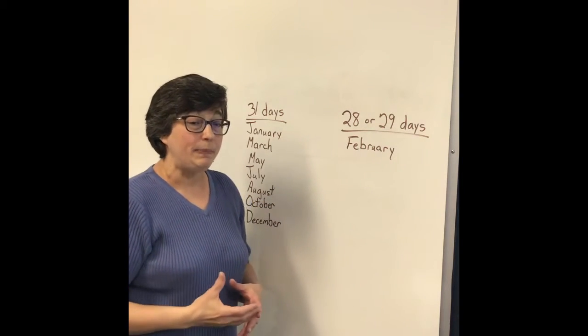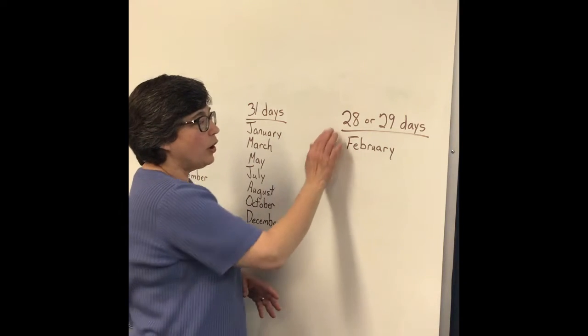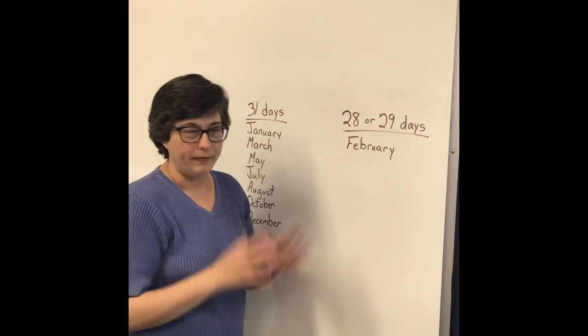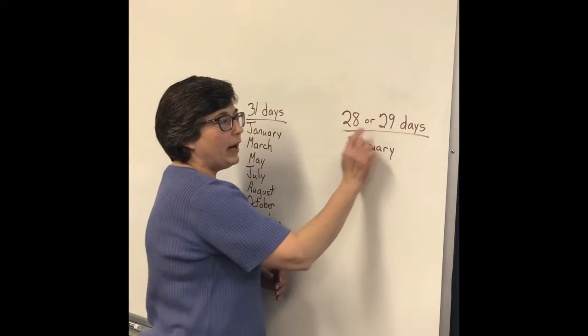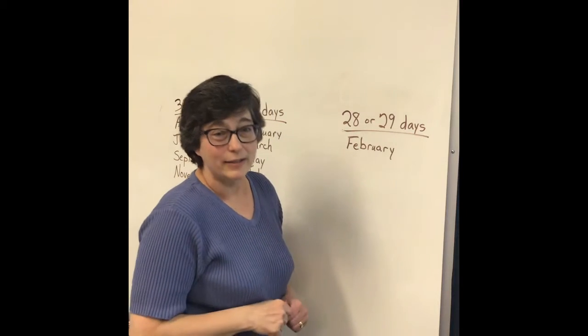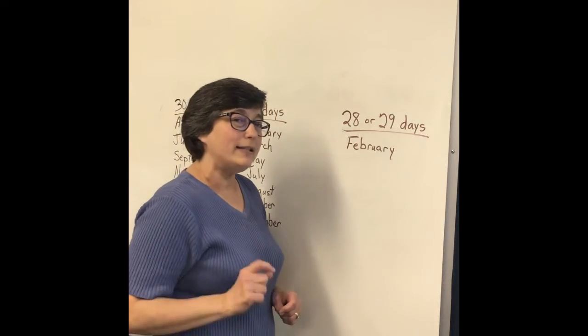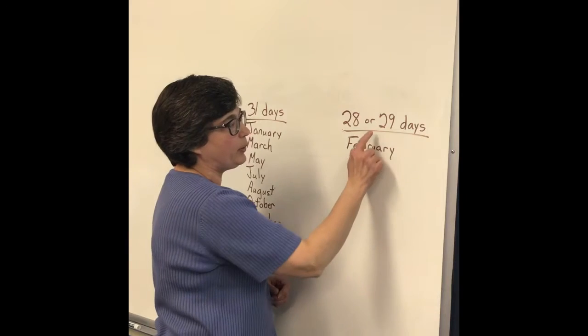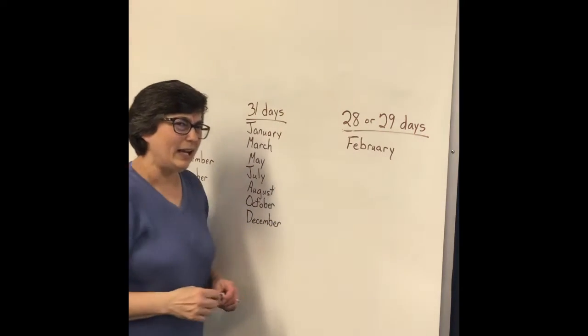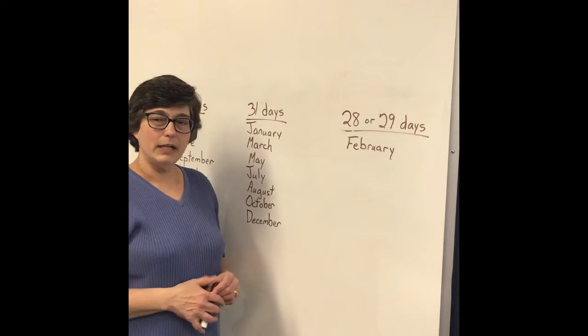That's called a leap year. Okay? So most years have the 28 days in February. February is our shortest month. But every 4th year, and you know what? This year was a leap year, wasn't it? There were 29 days in the month of February. Why do we need to have 28 or 29? Can anybody tell me?